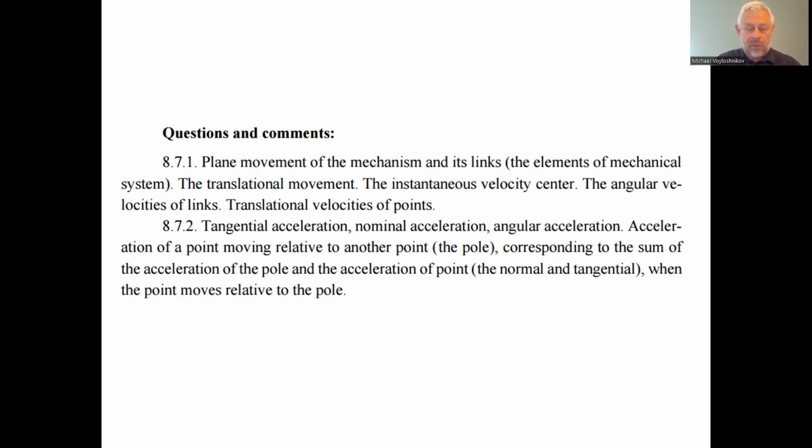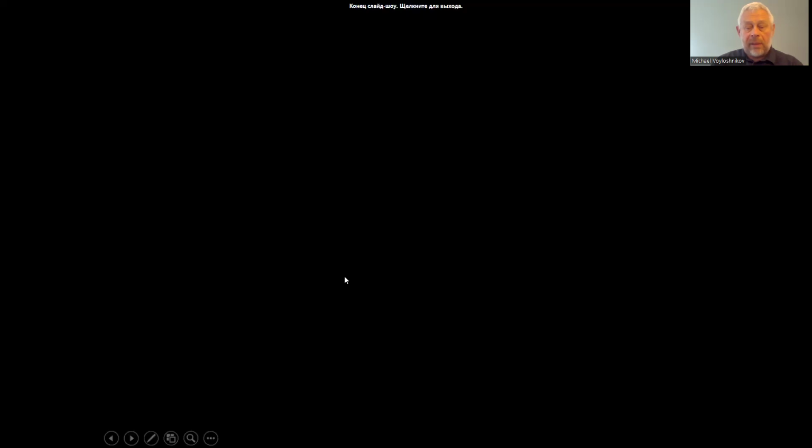We have to know the radius between the pole and the point for which we have to find the acceleration. So let me remind you that the normal acceleration is the product of the radius by the squared angular velocity, which is the velocity squared divided by the radius, as I said. Okay, thank you.